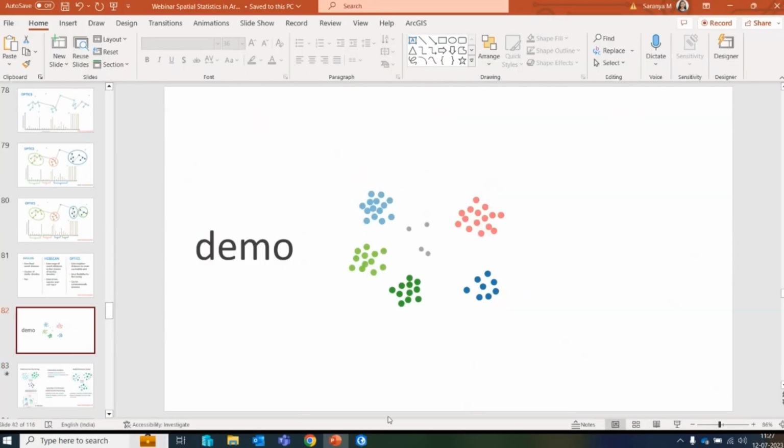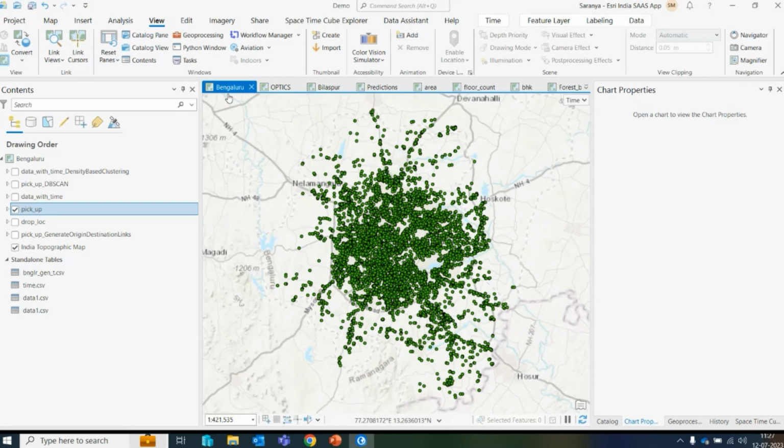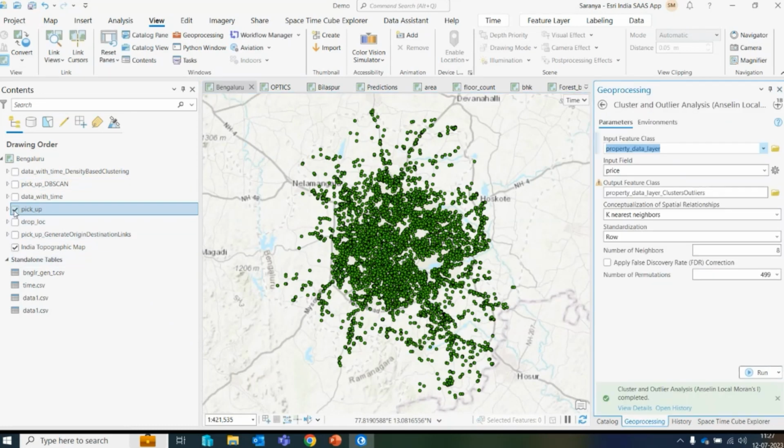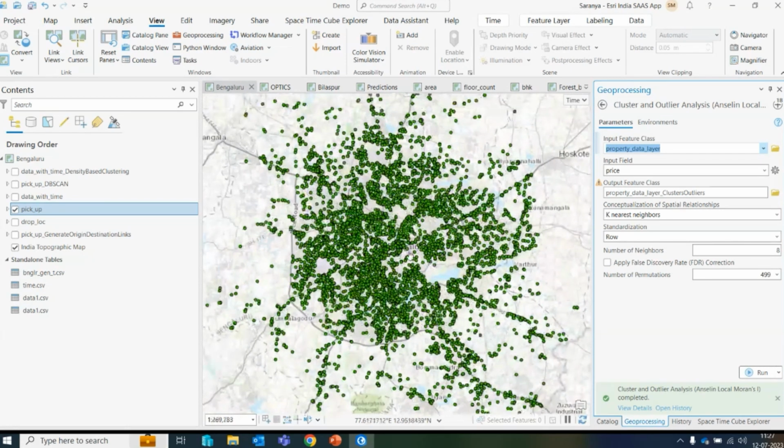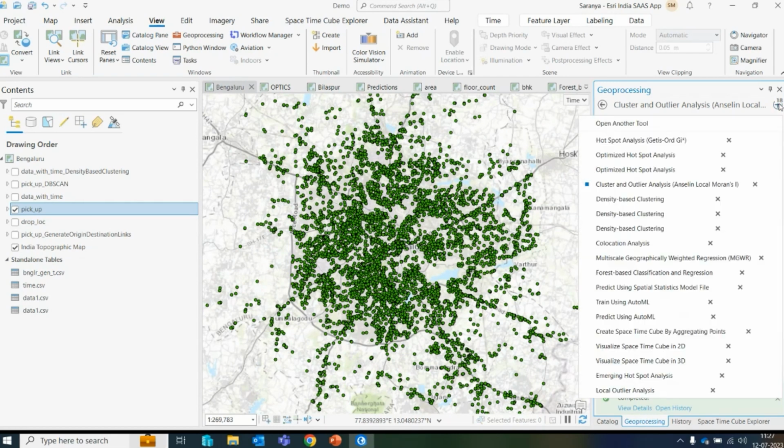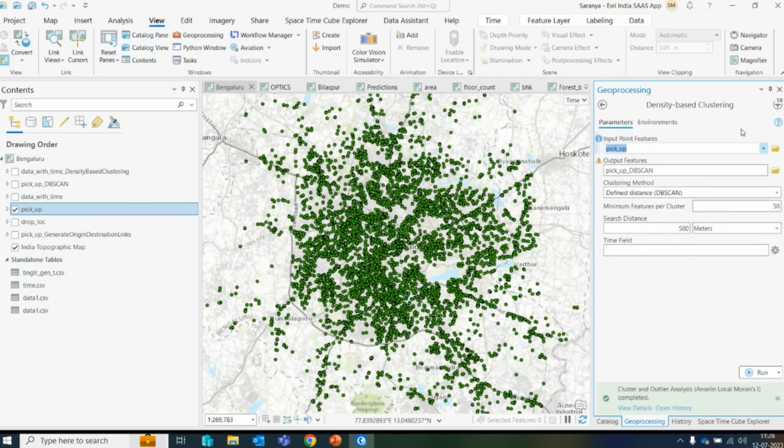So let us see a quick demonstration of densities. I'm in Bangalore right now, and here I have information about the pickup locations of cabs in a time span of 2 to 3 days. Each point is a pickup location. Let us say that I would like to do a clustering of these points. I need to identify clusters which have at least 50 pickup points in a radius of 500 meters.